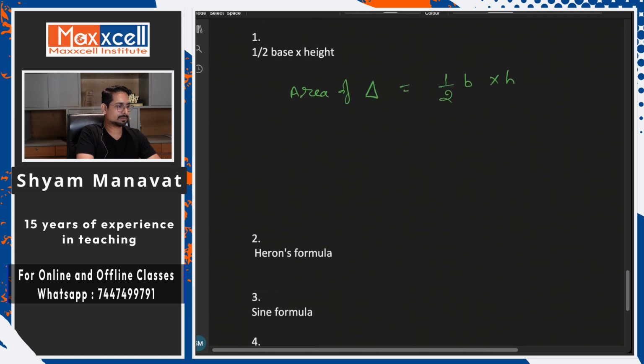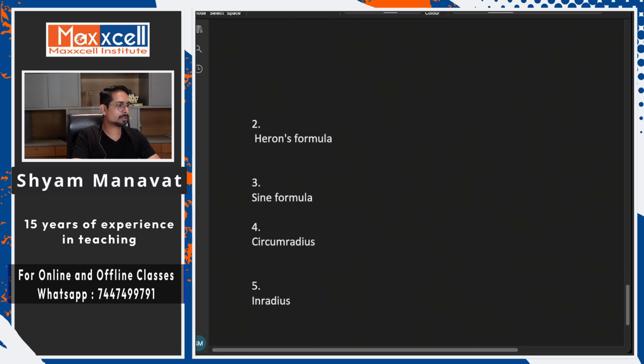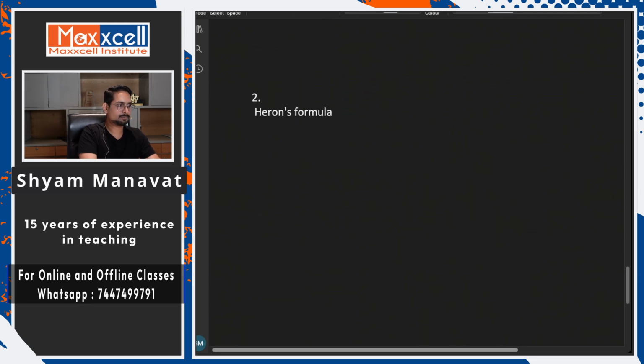Okay, that's one. Second formula, Hero's formula. First, you find the semi-perimeter of the triangle.